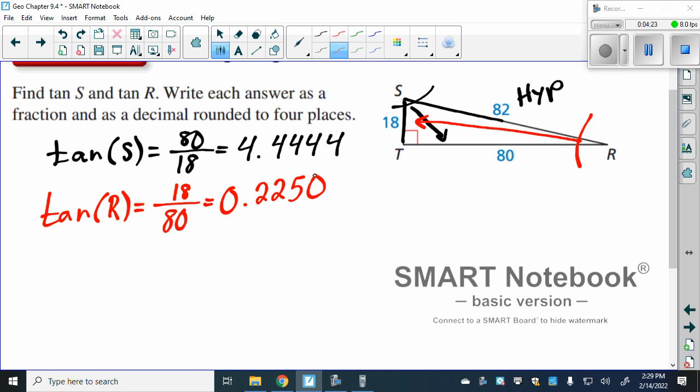Yes, sir. The adjacent side is always going to be the one next to it, closest to the angle that we're looking at. So for angle S, the adjacent side is 18. For angle R, it is 80.